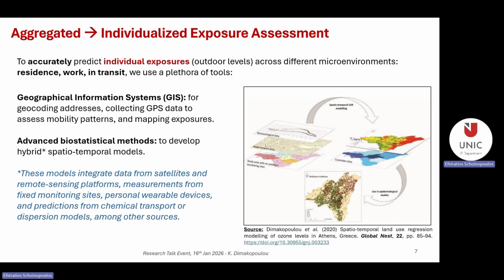Spatiotemporal means that we develop statistical models that can predict at any point in space of the study area and at any point in time during the study time period, while hybrid refers to combining, integrating data from different sources like satellite images, remote sensing platforms, measurements from fixed monitoring sites, data that we can download from personal wearable devices, and also using the predictions from different types of models, not statistical, let's say deterministic models, such as chemical transport or dispersion models.